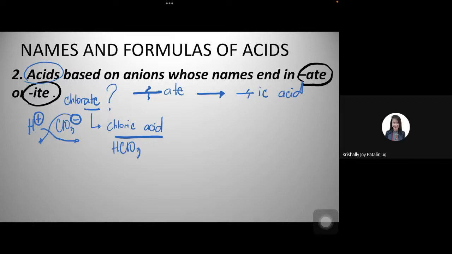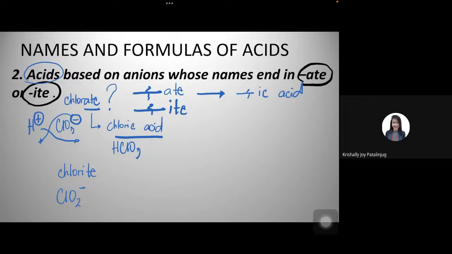Next, what if the anion ends with ite? For example, what's the ite form of chlorate? It's chlorite. This time the anion name ends with ite. That's ClO2 negative. Chlorite has one less oxygen than its chlorate form.